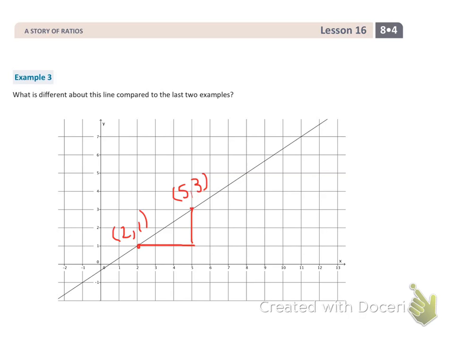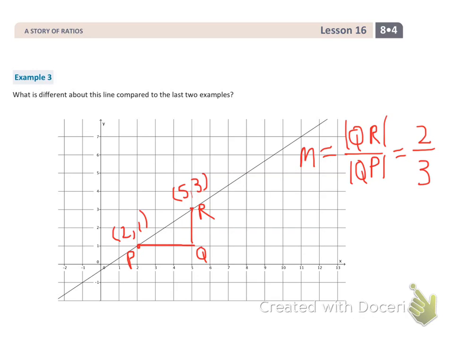From that, I can calculate the slope, because this would be my P, my Q, and R. And the ratio of QR to PQ would be, let's write it out. So M is equal to distance QR over QP, which would be 2 over 3.